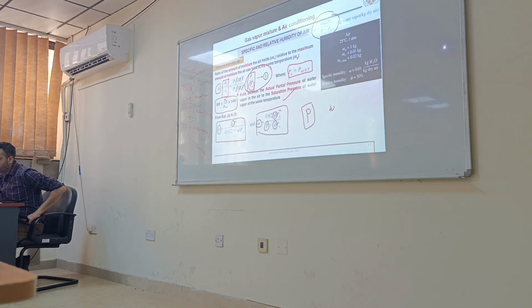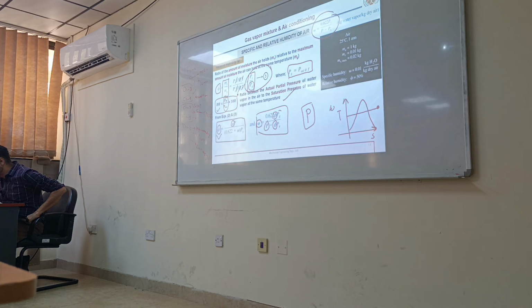Here, this P is total pressure. Now this is for relative humidity. Yes, this one. Actual pressure of water, saturation pressure of water at a particular temperature.